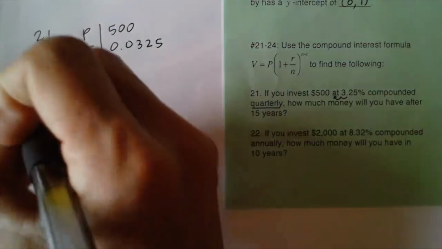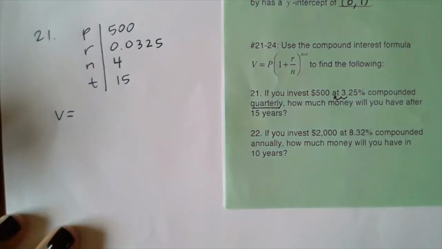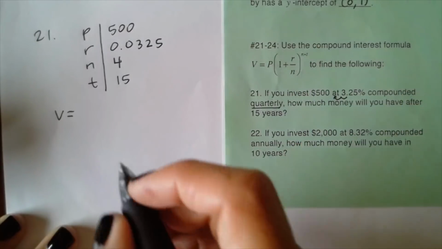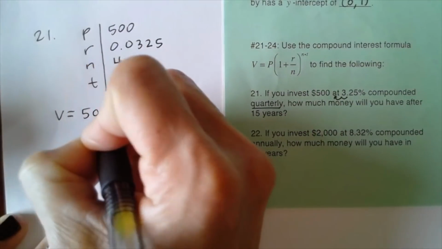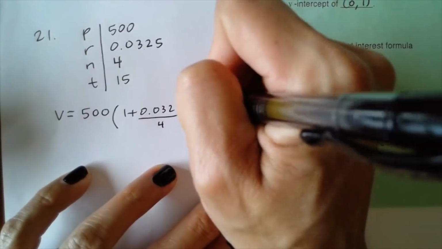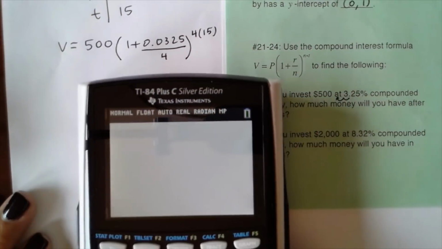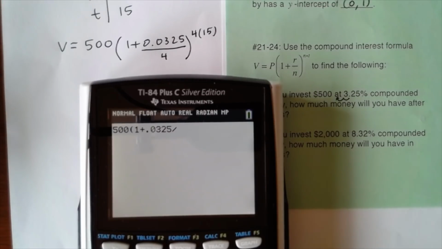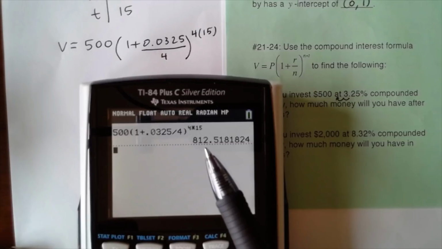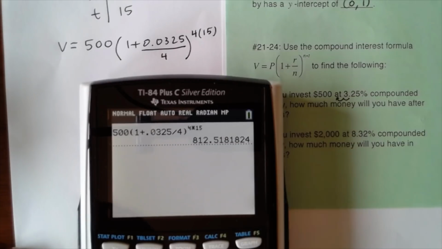And we're going to plug that all into our equation. V equals P times the quantity 1 plus R over N to the NT. So we'll plug everything in. So you get $812.52.